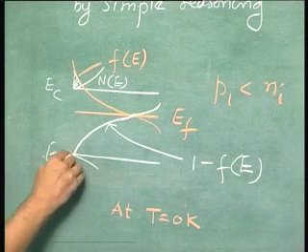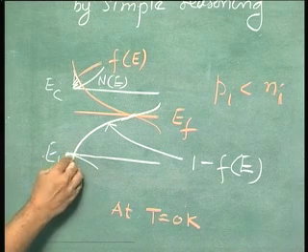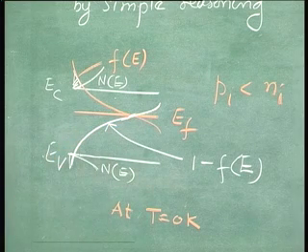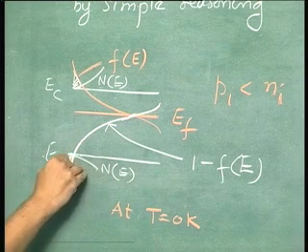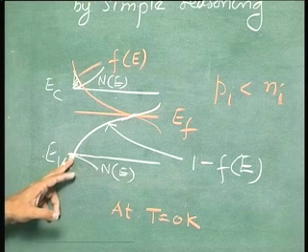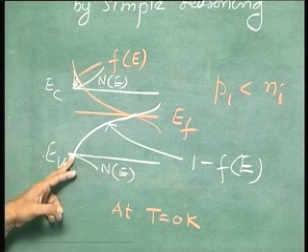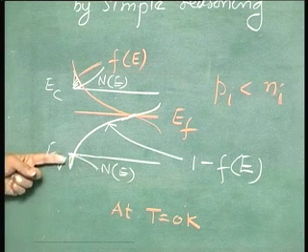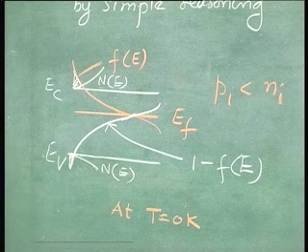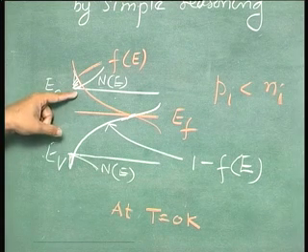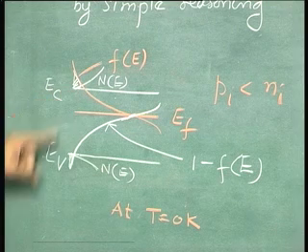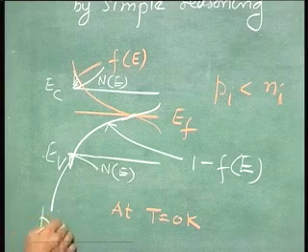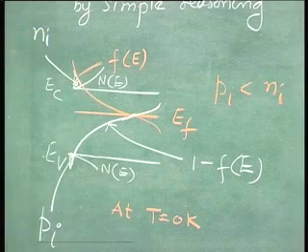You do the same exercise here. This is Ne in the valence band, this is 1 minus Fe, and that is the area which is the unoccupied states. Ne dE into 1 minus Fe integrated over the valence band is that area. So it is very clear, if your EF is close to the conduction band edge, then this area will be less than this area. This area is Pi and that area is Ni.